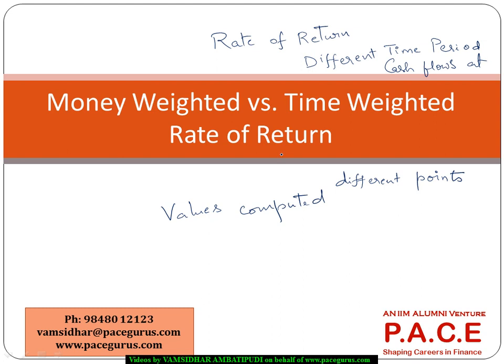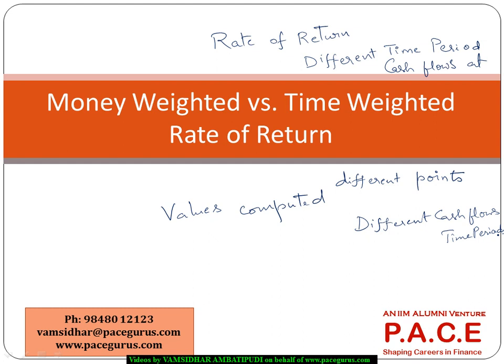So once we have different cash flows as well as different time periods of investment, whatever returns we are computing, we can classify them as a money weighted versus a time weighted kind of return.